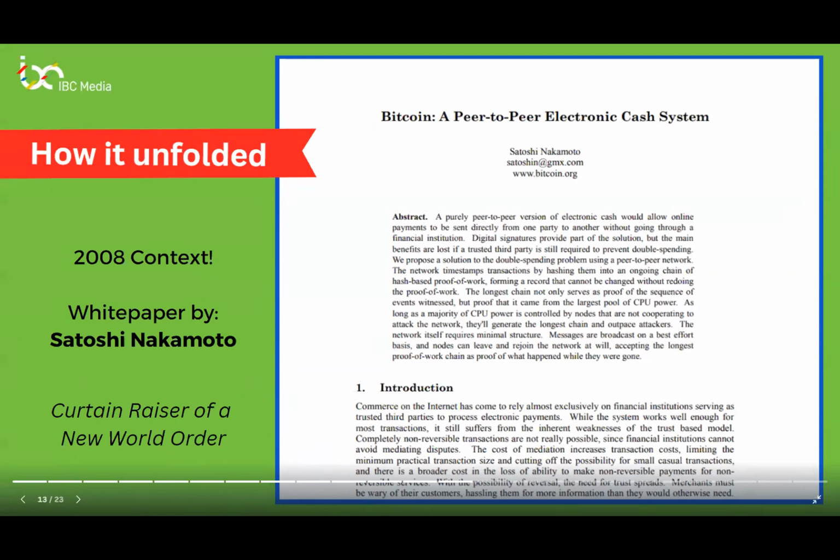This fiasco did not get limited to the US. I'm not sure how many of you are aware of this crisis, called the subprime mortgage crisis of 2008 and 2009, which really spread across the whole globe. The whole world got impacted.